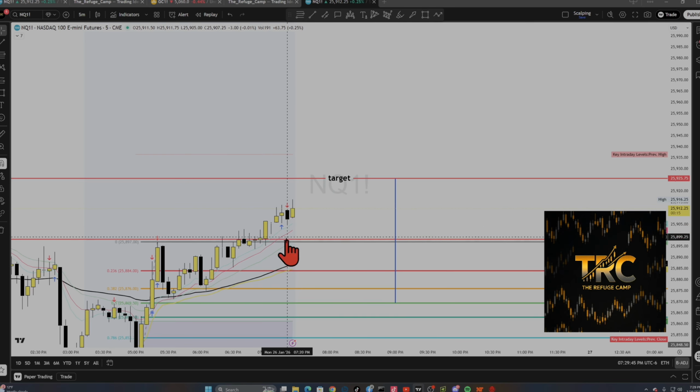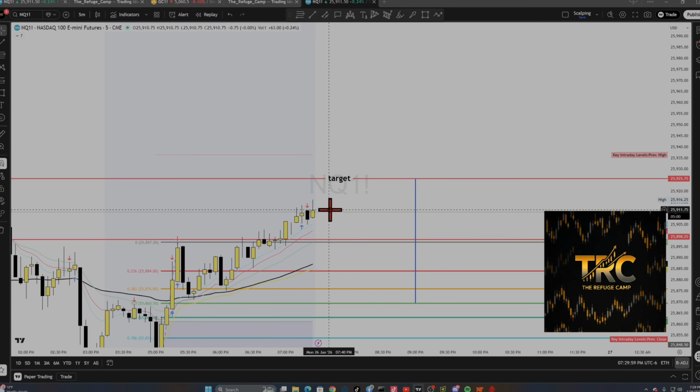So that doesn't have me panicked at all. It hasn't been very long since we retested the 13. So always remember, no trade is a position, right? When there's not a trade to be had, no trade is a position.